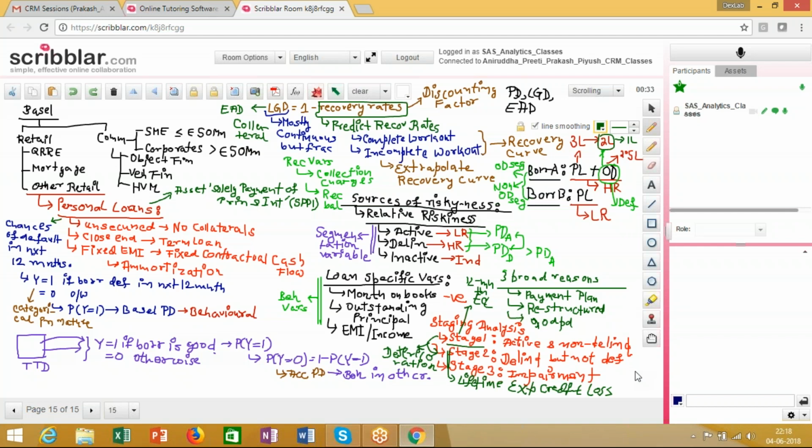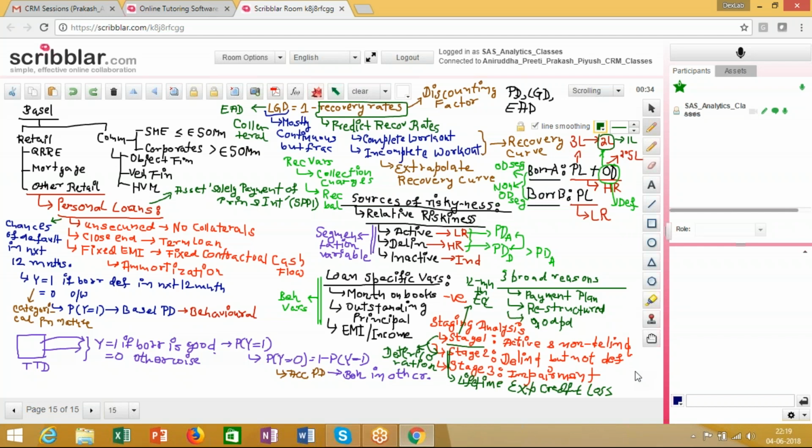On the other hand, for a Basel model, all we are concerned about is the portfolio-level expected loss. I am not interested in whether there is a lifetime loss or not, because even if there is, I would not be putting aside the entire amount on today's date.